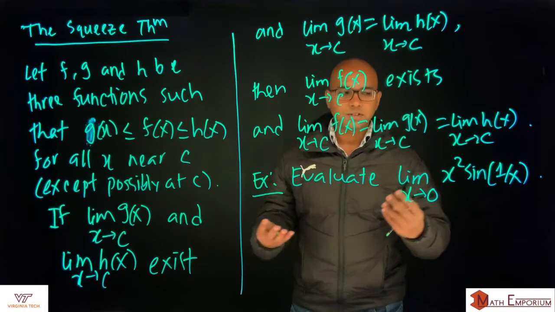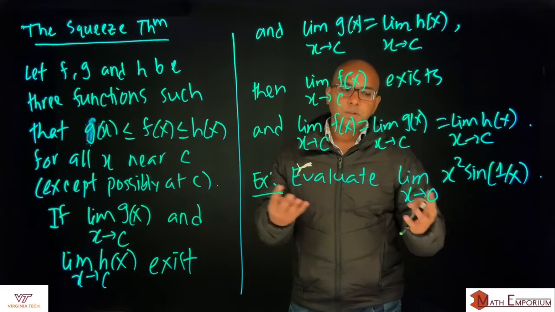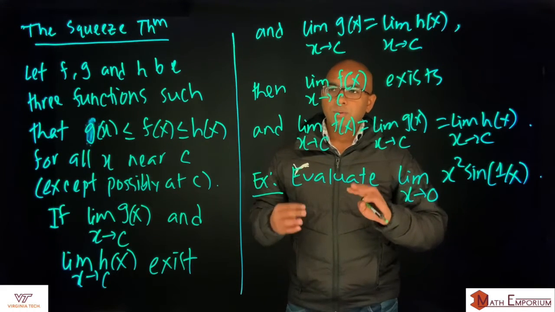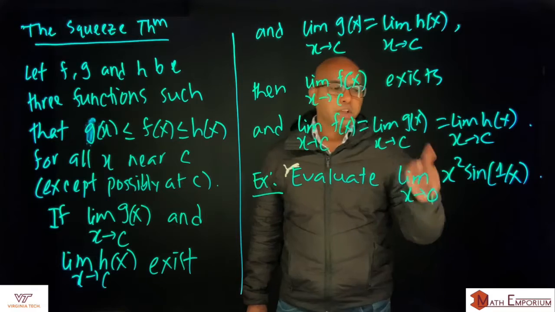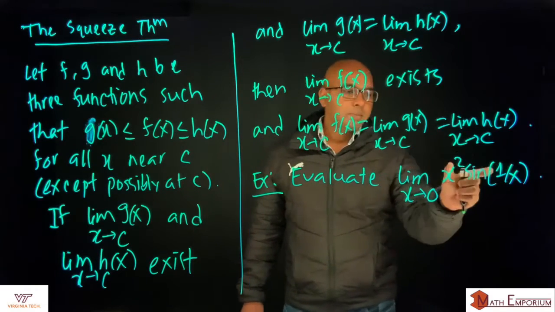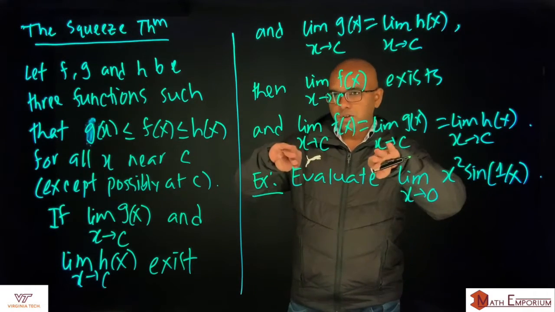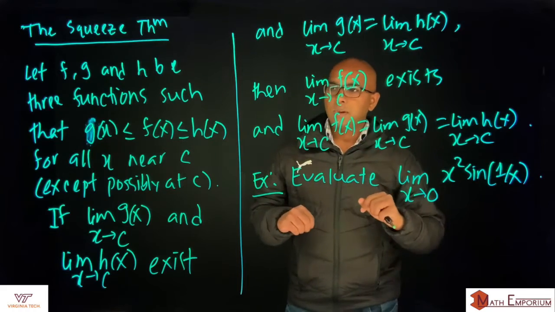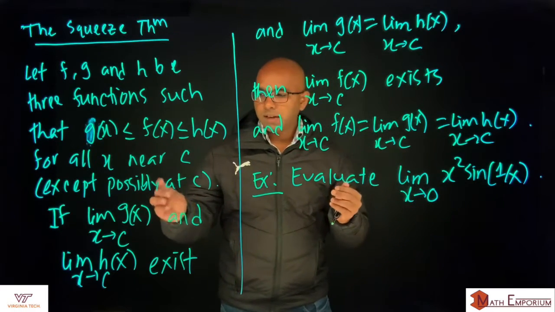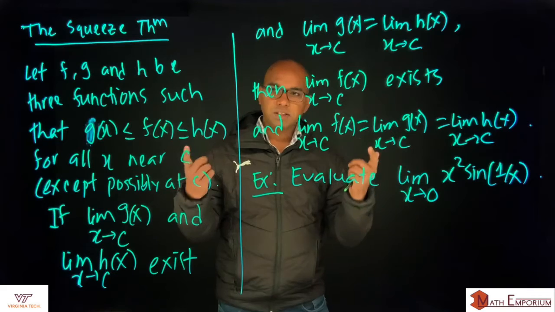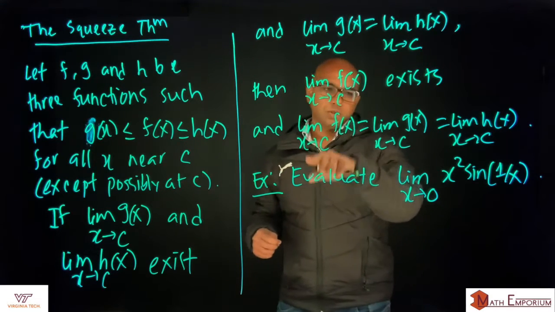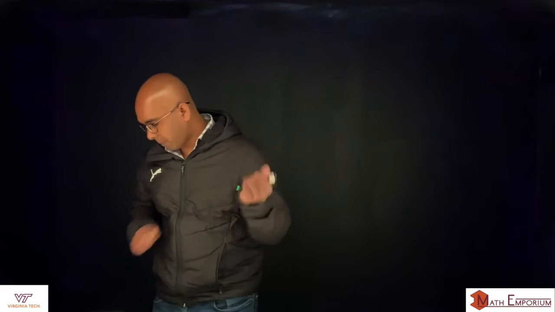That limit doesn't exist, so there is nothing to multiply with 0. That technique will fail. So we need to trap this function between two other functions like g and h, and then see if those two functions have the same limit, and then use the squeeze theorem to find this.